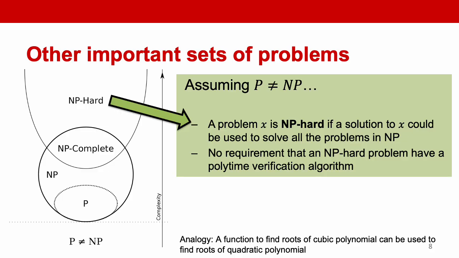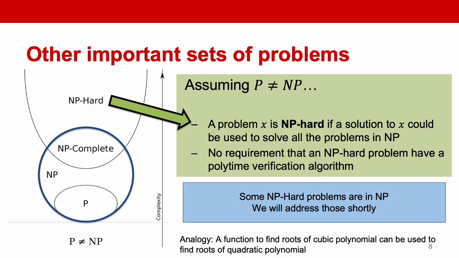Let's say that you could find roots of a cubic polynomial, then perhaps you could use that to find the roots of a quadratic polynomial. And it's way easier to find the roots of a quadratic than it is for a cubic. But anyway, now there are some special problems, NP hard problems that are in NP. These are going to be the NP complete problems.